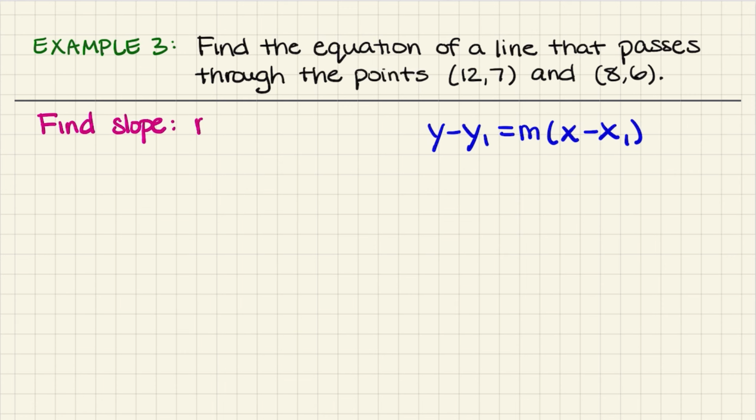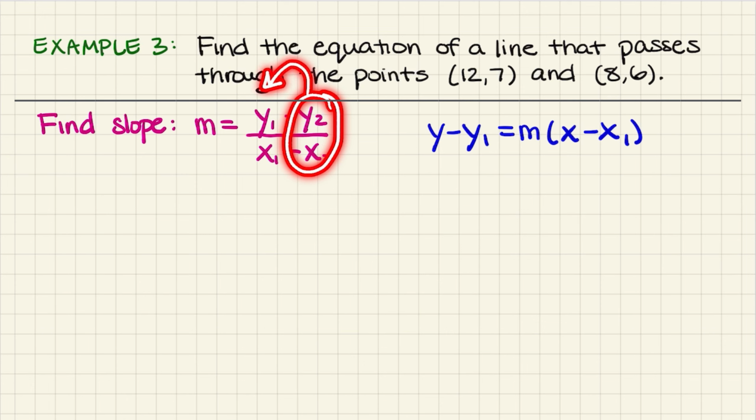And to do that, we'll use the slope formula, which is m equals y1 minus y2 over x1 minus x2. Sometimes you'll see this flipped, where it's y2 minus y1 over x2 minus x1, and both will give you the same answer.